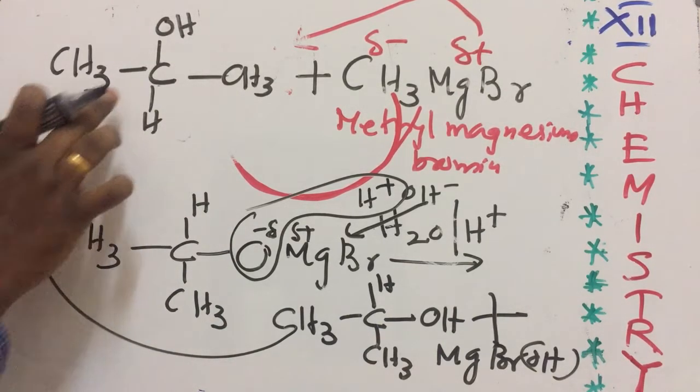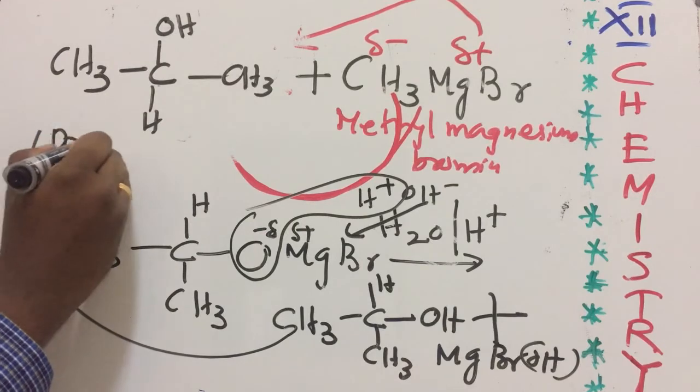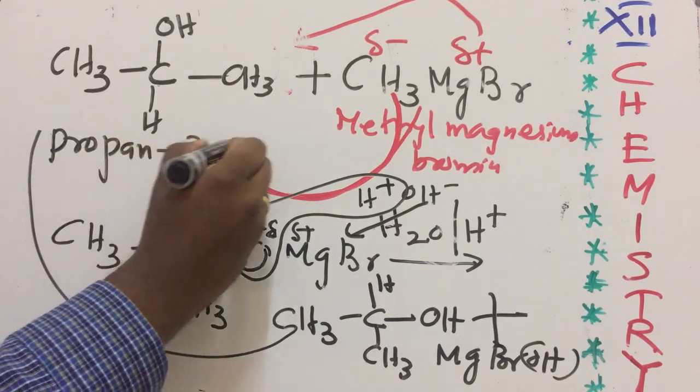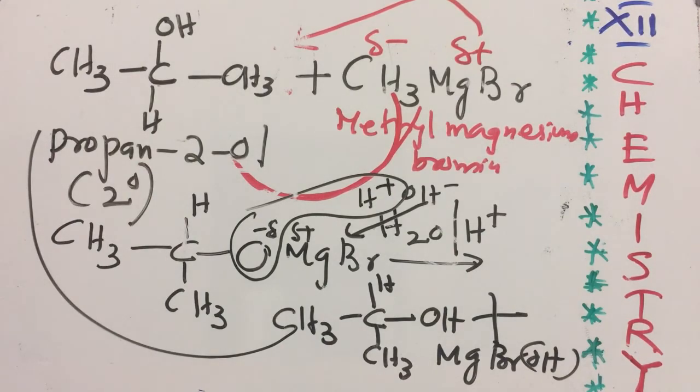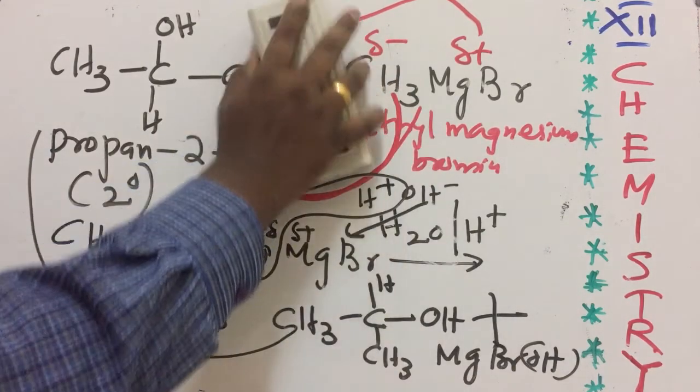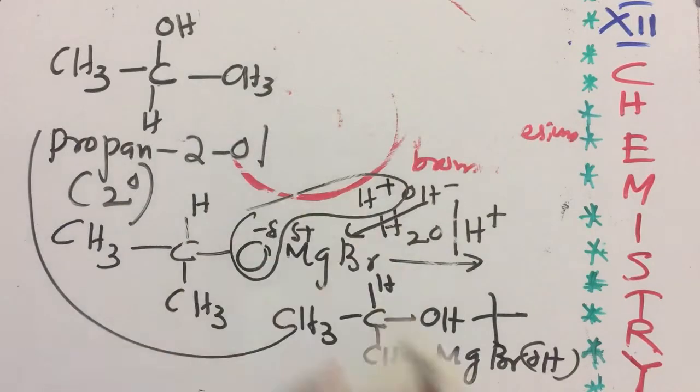What is the name of the product? OH at the second position, so propan-2-ol. The alcohol is a secondary alcohol. So this is the product. Like this we can convert an aldehyde into an alcohol by using a Grignard reagent.